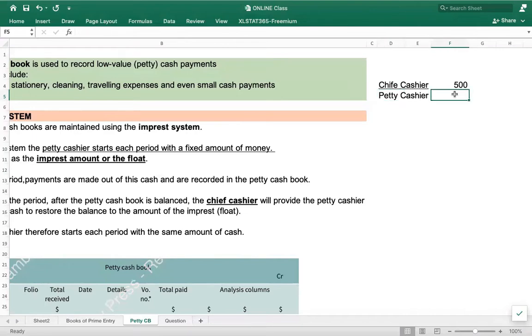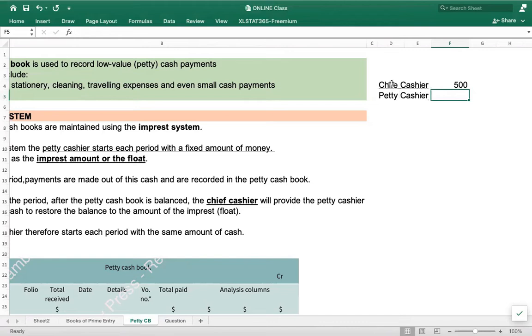Let's say there is a cash transaction of $125, the petty cashier handles it. But if the transaction is $600, the chief cashier will handle it, because this is the rule in my business. Different businesses set up different rules. So in this business, the petty cashier handles cash transactions lower than $500.